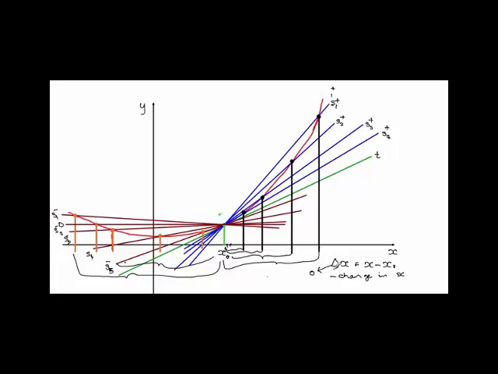Now, looking at this change in x approaching 0, we can see that the gradient of the secant line also approaches the gradient of the tangent line. And this happens on both sides, when you look at the secants on the right and when you look at the secants on the left.